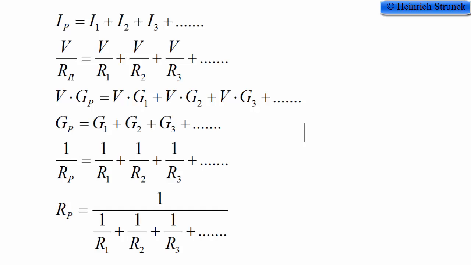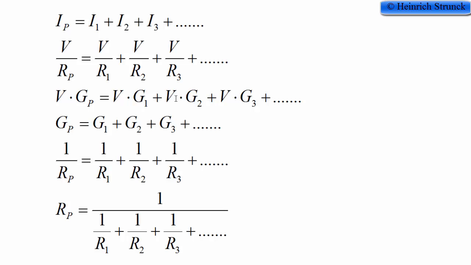Maybe you can remember that instead of divide the resistance, we can multiply by G, and that's the conductance for the resistor, because the resistance and conductance is reciprocal of each other. So we just can set the voltage times the conductance for the total parallel circuit is equal to the voltage times the conductance for load number 1 and load number 2 and load number 3 and so on.